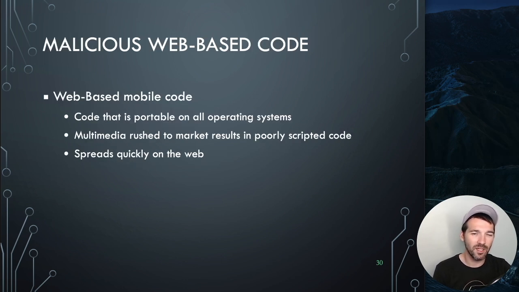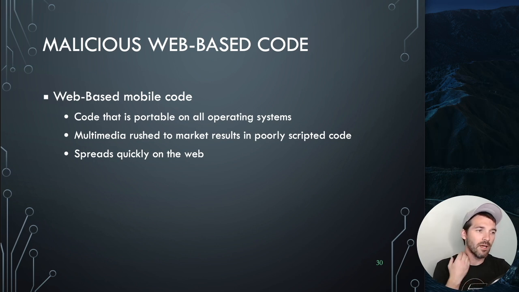Web-based mobile code is another form of malicious software. Basically, think of Flash, right? Flash was an example of this, where Flash was written by, I think, Adobe. And it was made so you could run really interesting stuff on different operating systems, mobile, desktop, etc., from the web.